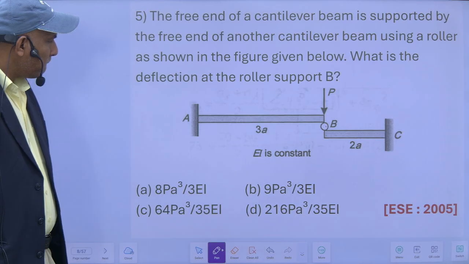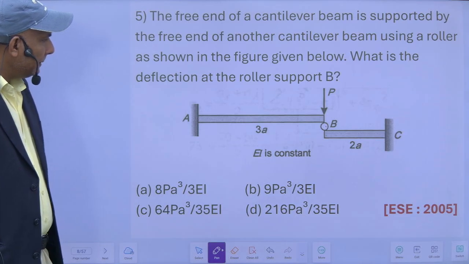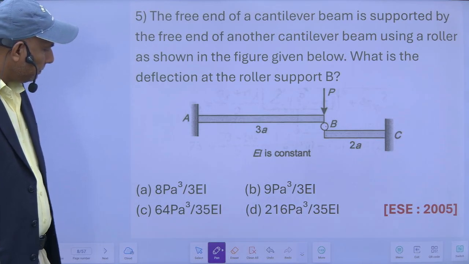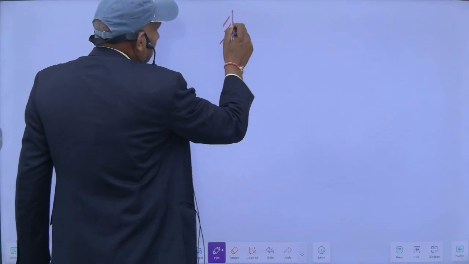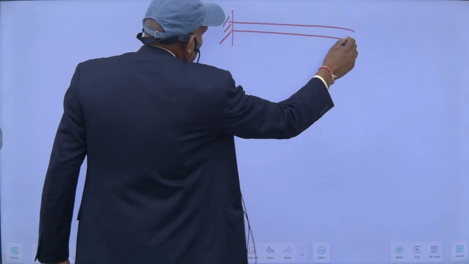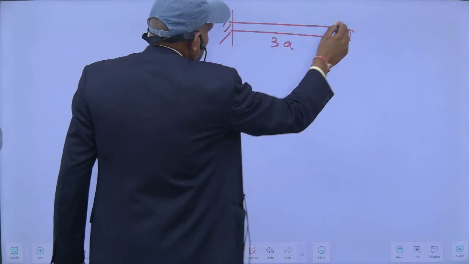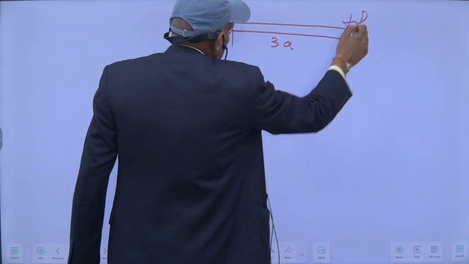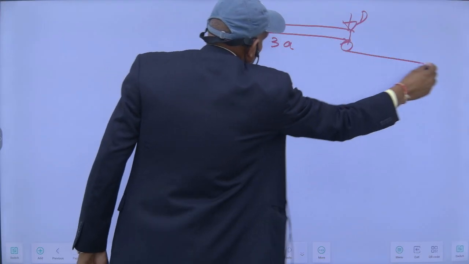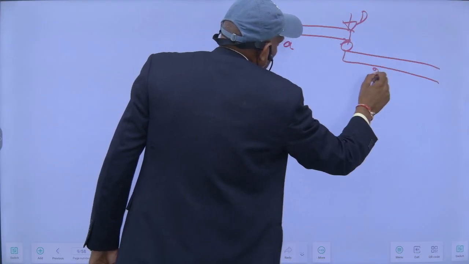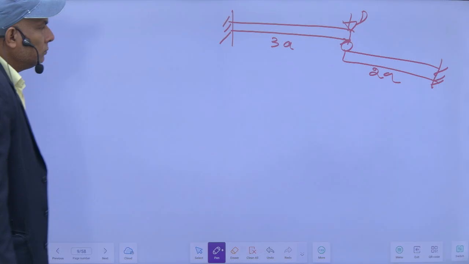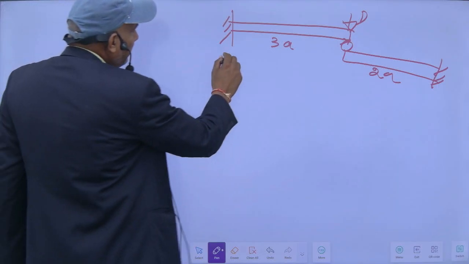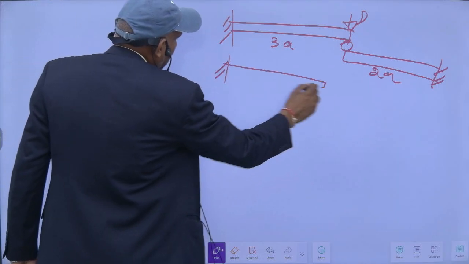So this is basically like this. Now if I draw the free body diagram, it will be like this.